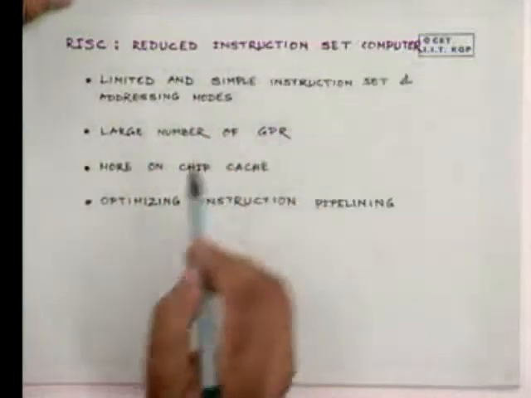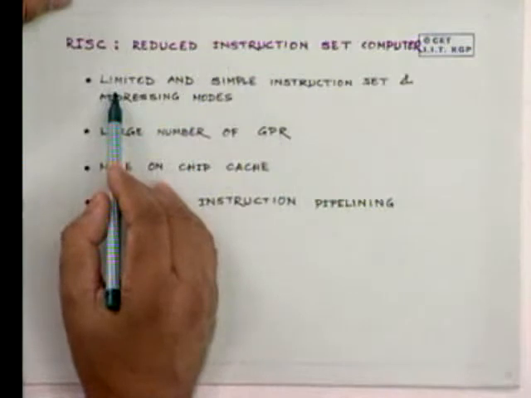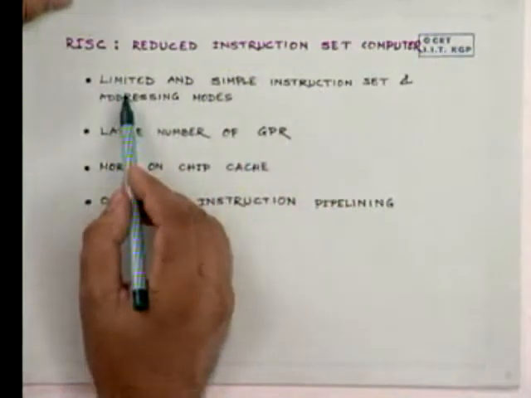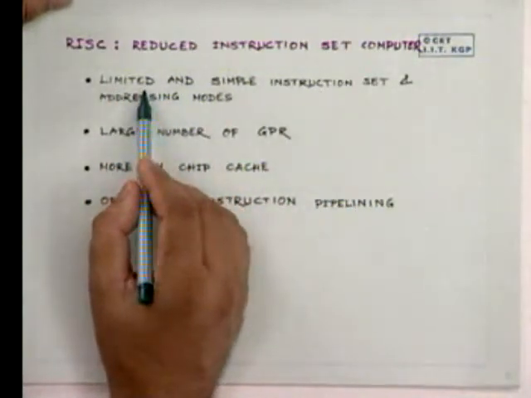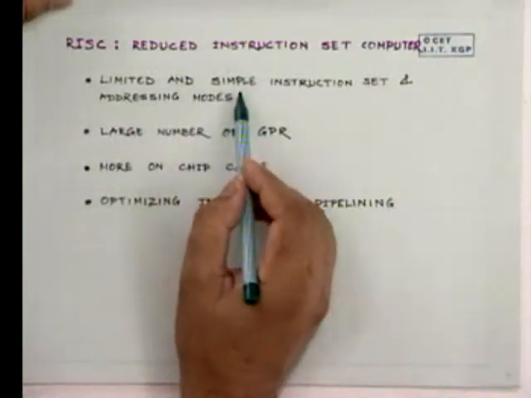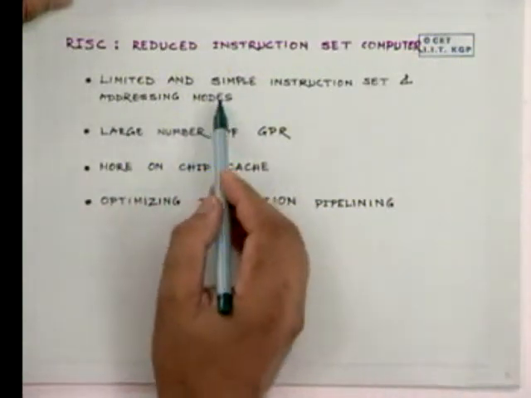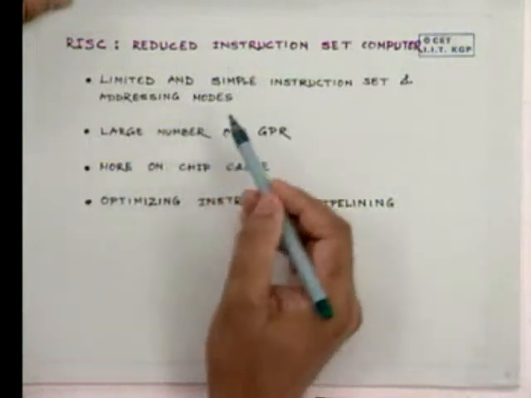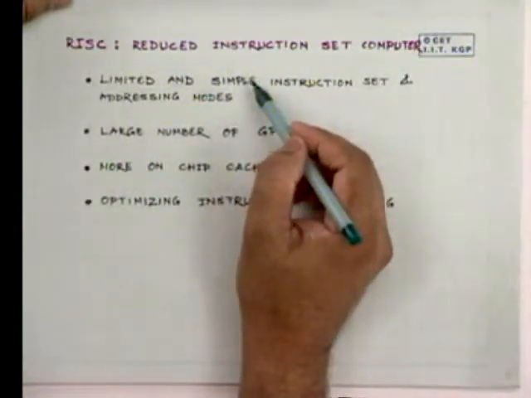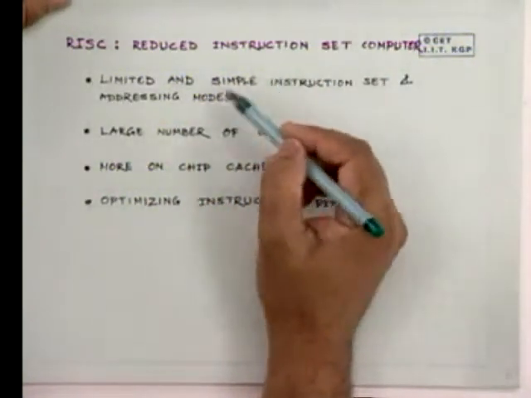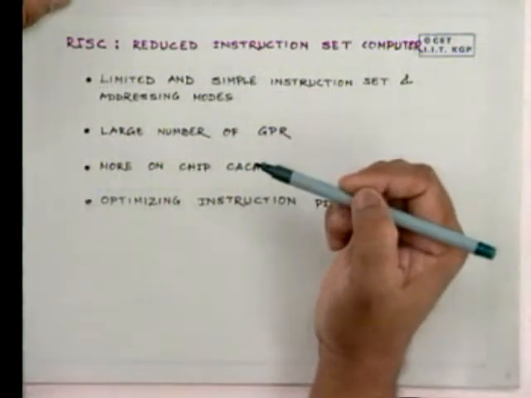Many times what happens is that only a subset of the complex instruction set is utilized. If that be the situation, then why not have a reduced instruction set computer where the instructions are of limited size and simple, and the addressing modes are also simple, so that these instructions can be used with the benefits that I have already stipulated, right?